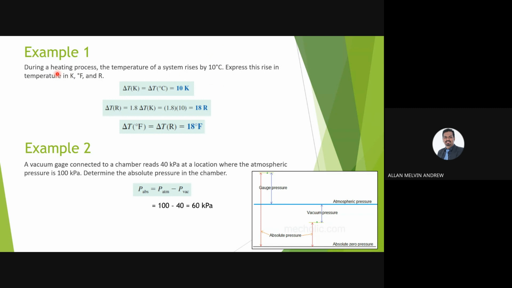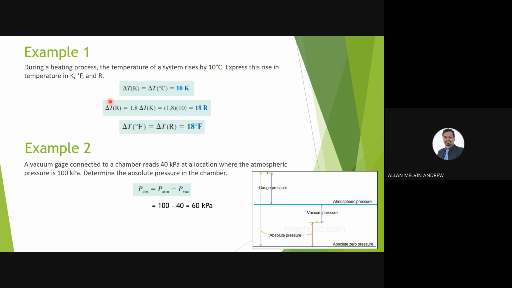The key word here is that the temperature rises by 10, meaning that it is a temperature difference, not the actual temperature. So it is actually the delta. Delta means the change in the temperature. So the change in temperature in Celsius is 10 degrees Celsius.